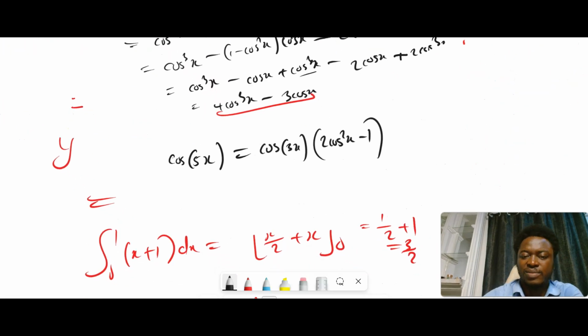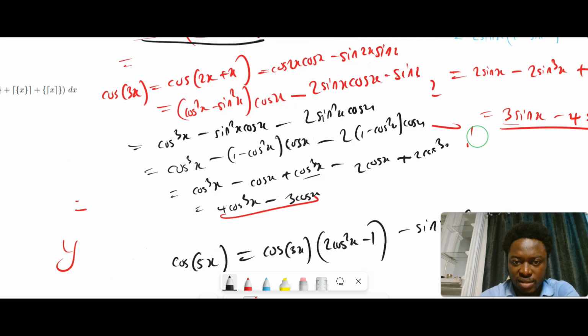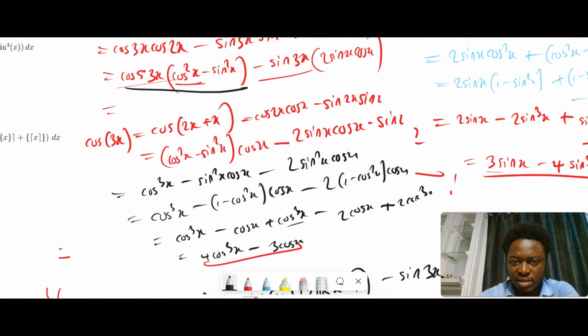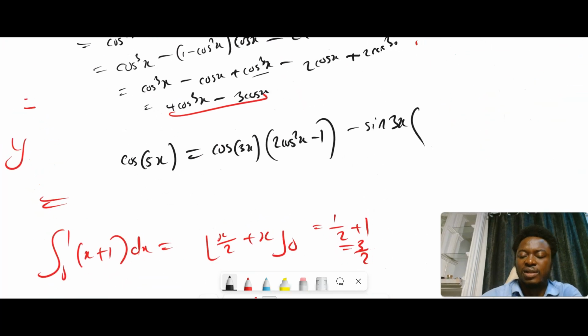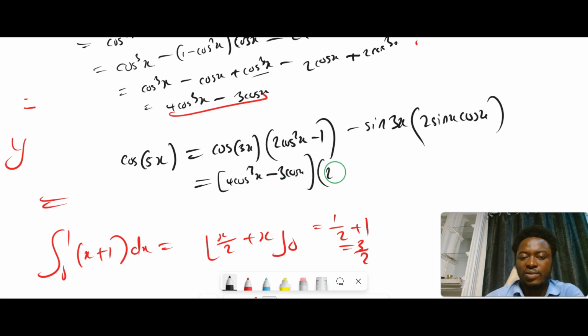We are subtracting this by sine of 3x times what? Times 2 sine x cos x. So cosine of 3x is 4 cosine cube x minus 3 cosine x times 2 cosine squared x minus 1.